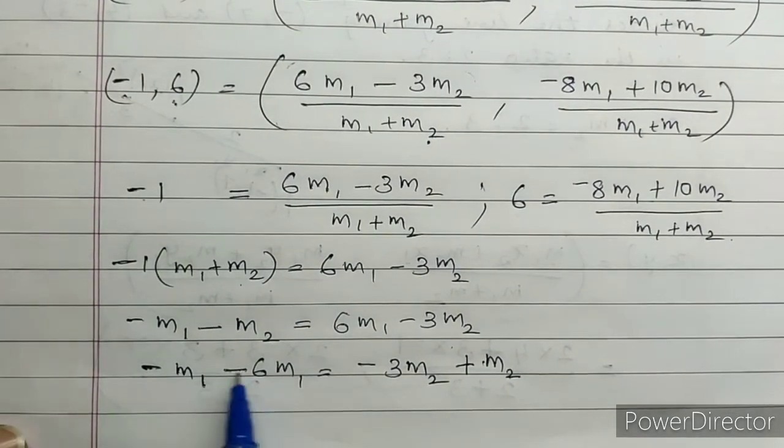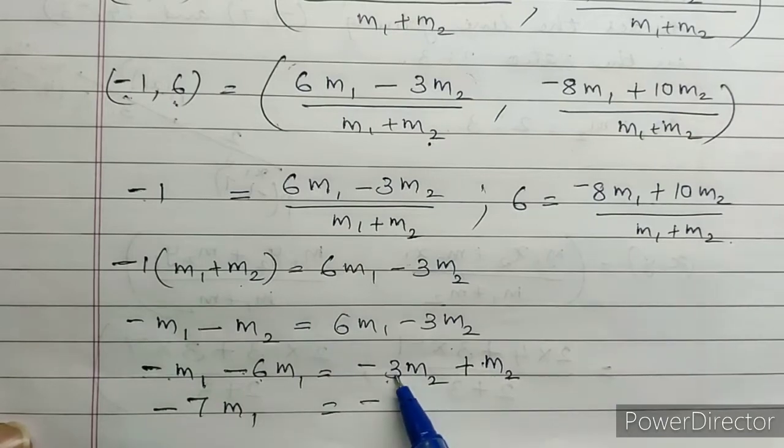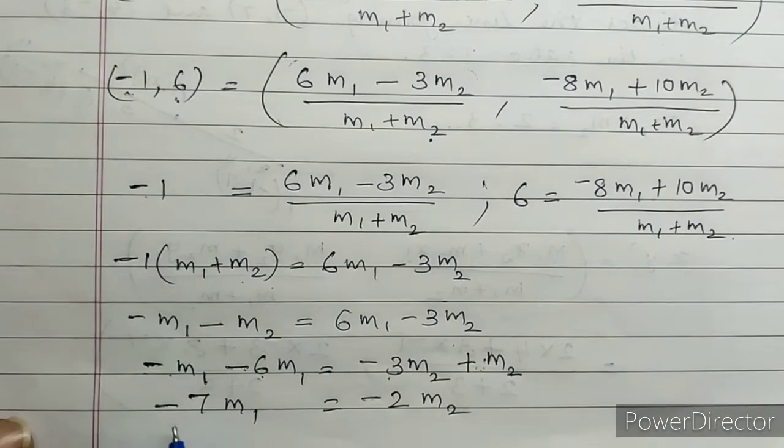So both are negative, so the minus symbol will come, 6 and here it is 1, that is minus 7 m1 equals, here also the greater number is negative, so negative you have to put, minus 3 and plus 1, one is negative, one is positive, you have to subtract it. So 3 minus 1 is 2 m2. Now minus 7 m1 is equal to minus 2 m2.